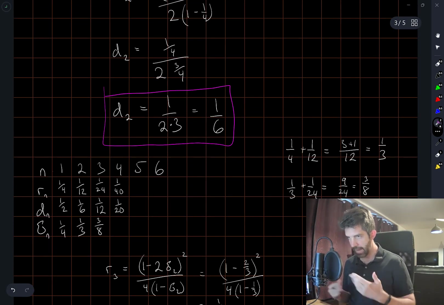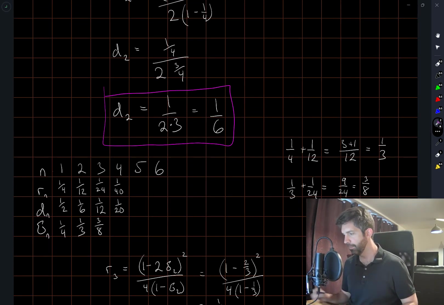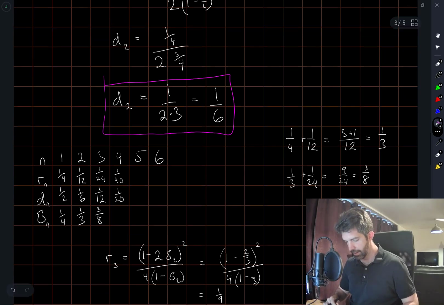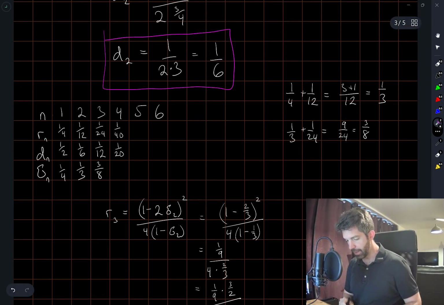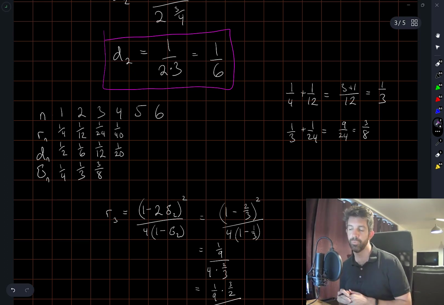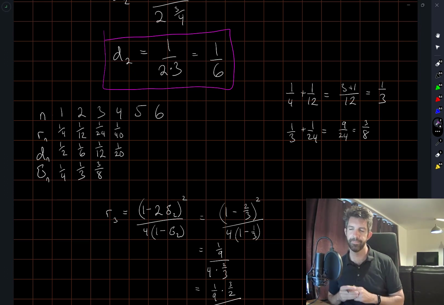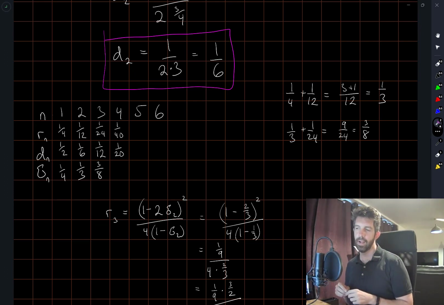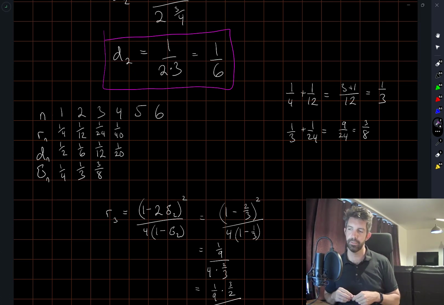I think if I hadn't been given the answer by the viewer in the submission, I would have continued this pattern a little bit more and hopefully seen that the denominator of dn is just n times n plus 1. And I know that an expression like 1 divided by n times n plus 1 is a common expression to see partial fractions applied to.